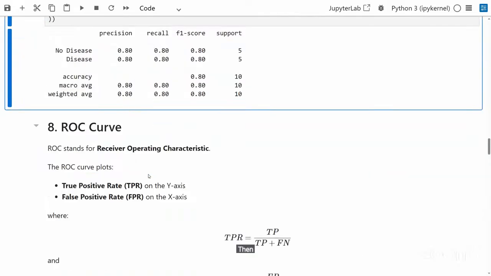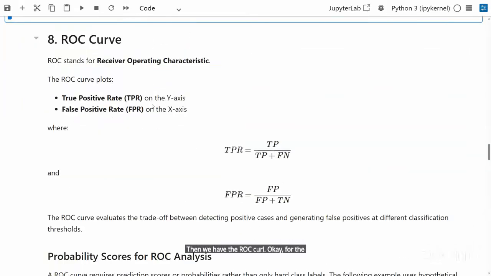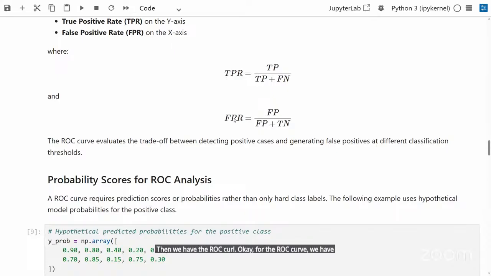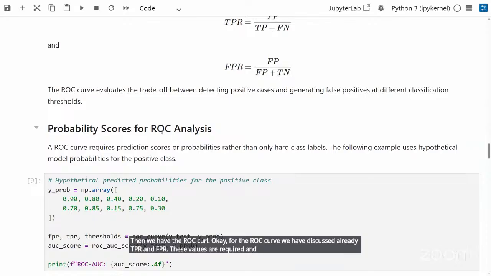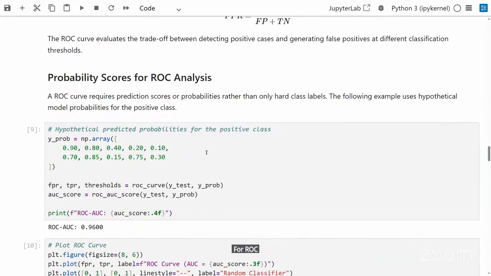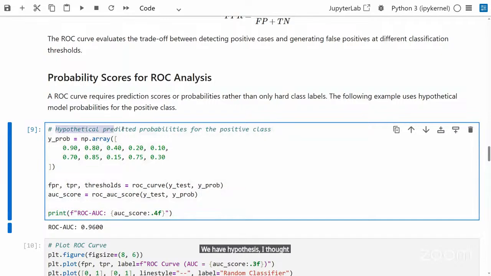Then we have the ROC curve. Okay, for the ROC curve, we have already discussed TPR and FPR. These values are required, and probability scores for ROC analysis. We have hypothetical predicted probabilities for the positive cases in this y variable. Okay, these are the probabilities.